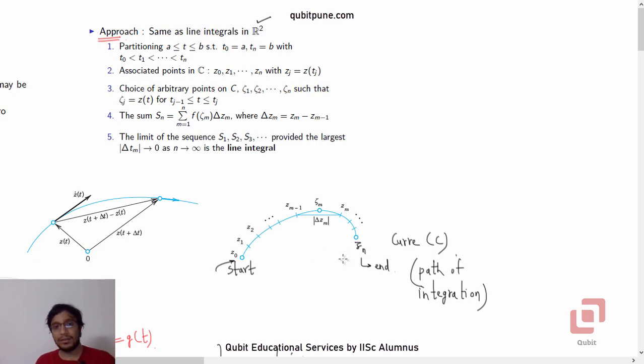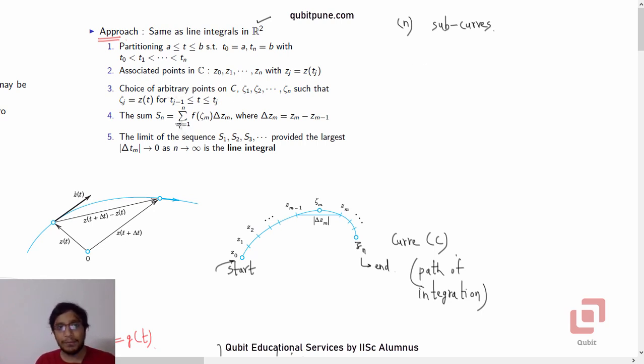Now what we will do is partition this particular portion of the curve into n subcurves. For this to be done, we will first try to find the associated parameter values.